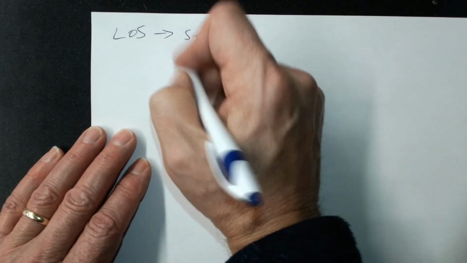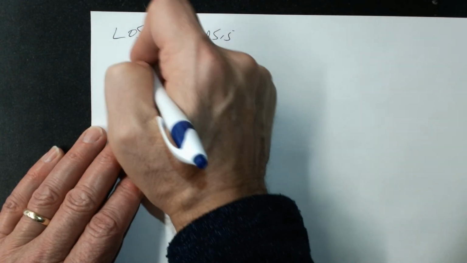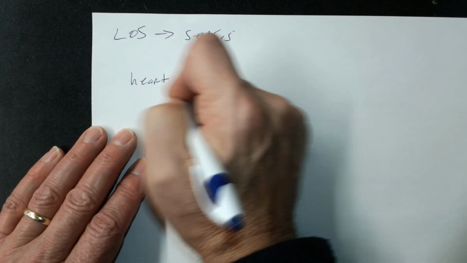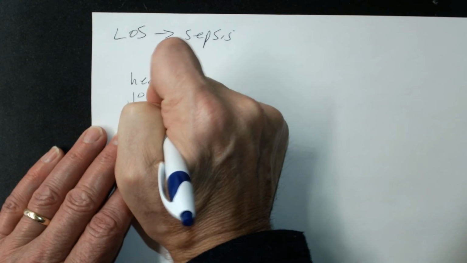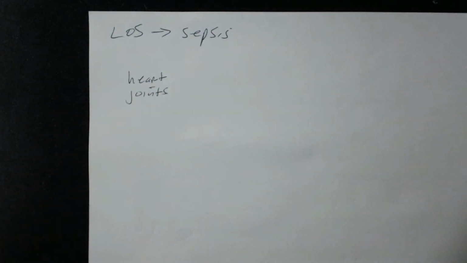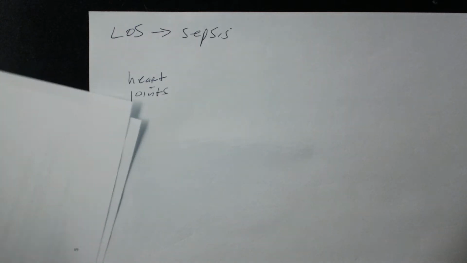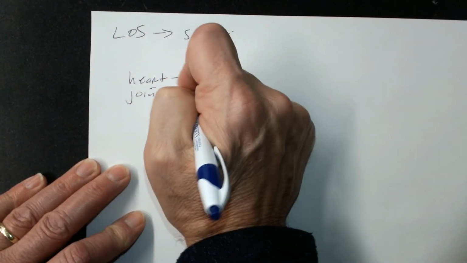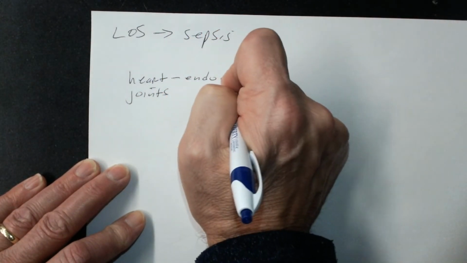The organism can also infect other organs as well. It can infect the heart, and it can affect the joints. In your book, there's a very good picture of somebody with gonococcal arthritis of the wrist. In the heart, it can cause endocarditis.